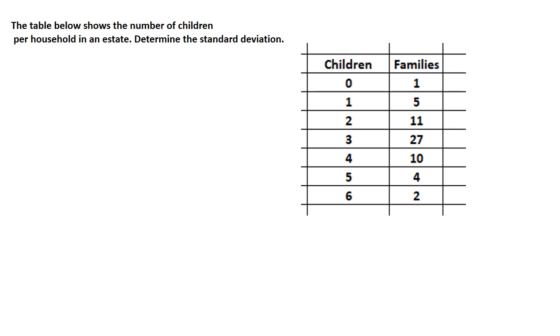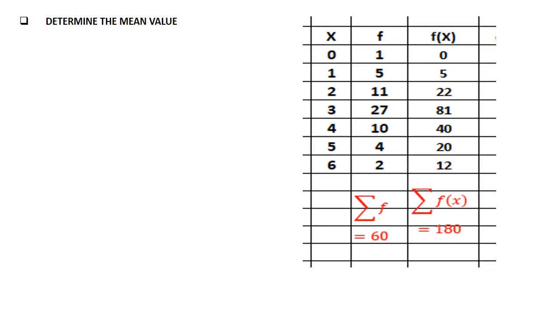All right. So as we get into the calculation, we need first of all to determine the mean value. And what is mean? That was tackled in the first lesson that I did for statistics 2. It is simple.